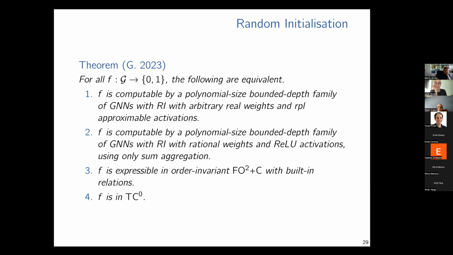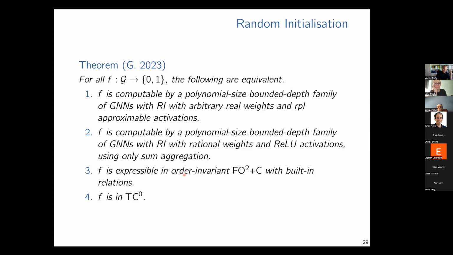Now for the other direction, it's more difficult to explain what's happening there, but basically to simulate TC0 in this logic, which corresponded to graph neural networks by the previous theorem, we need a linear order on the input graphs.